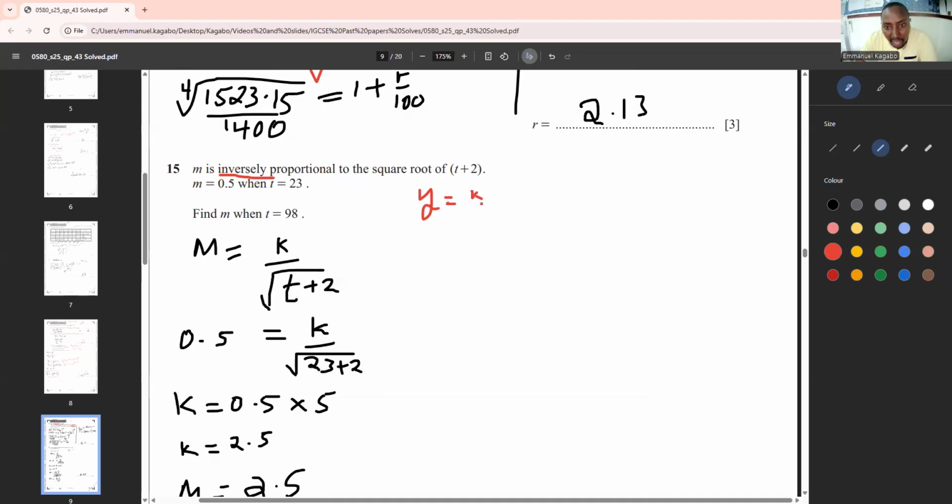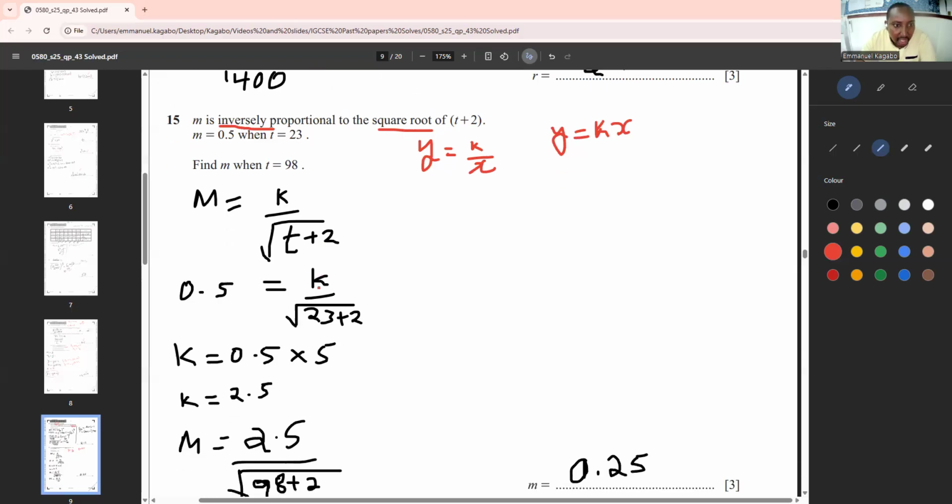It's K over X. For direct proportion, it is y equals KX. Now, basing on that, M is inversely proportional to the square root. Be careful, guys, the square root of that. So M is equal to K over the square root of T plus 2.